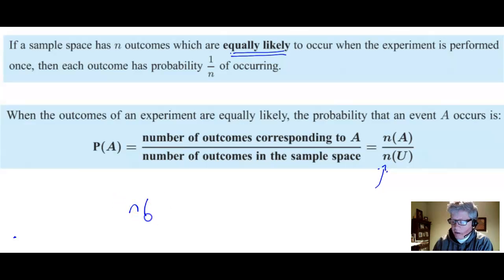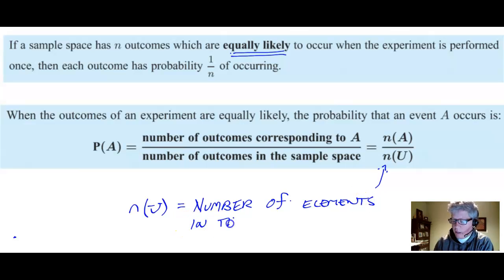So n of U, let's say, is equal to the number of elements or outcomes in the set.